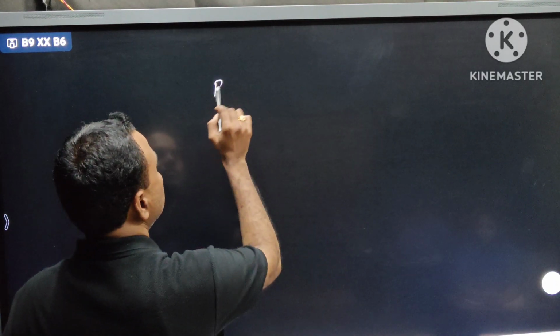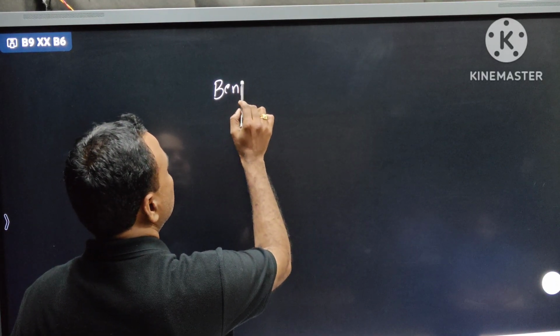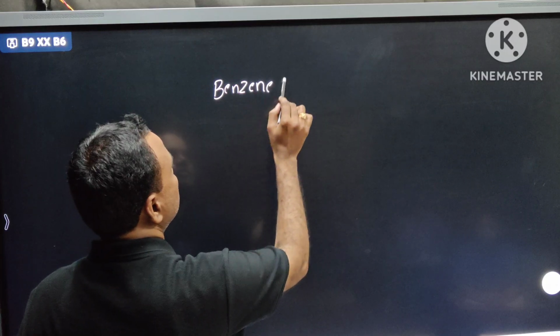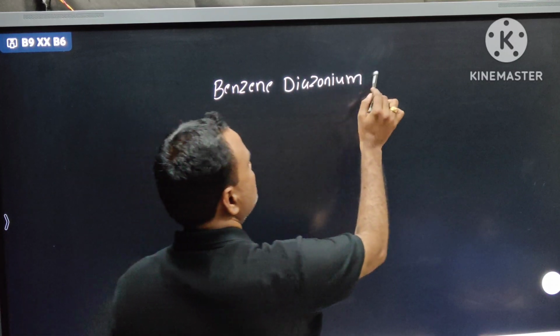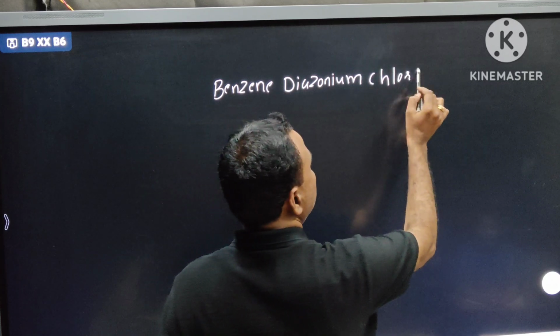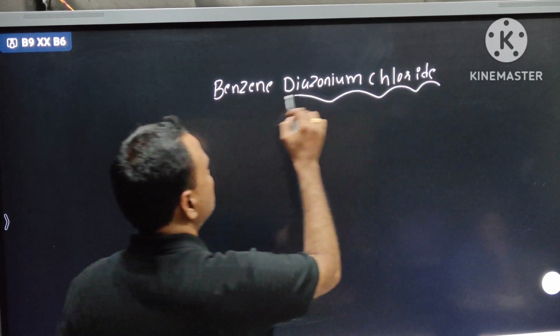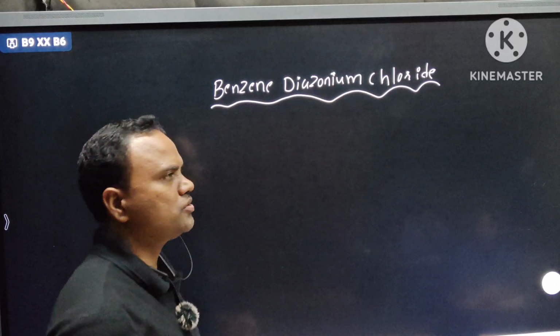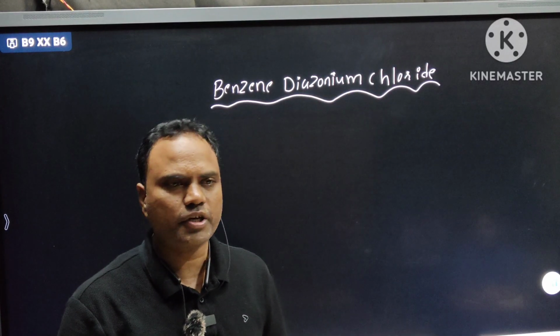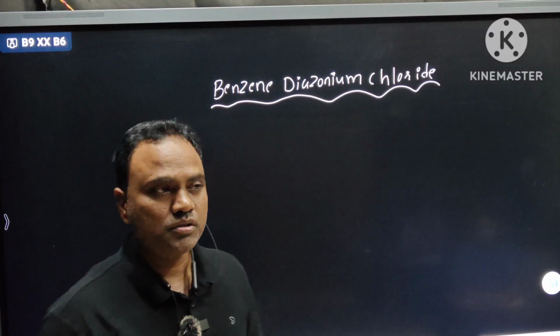Next subtopic is benzene diazonium chloride. Benzene diazonium salt. How to get benzene diazonium chloride?